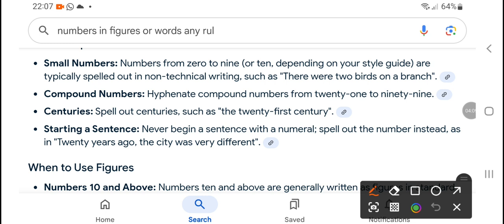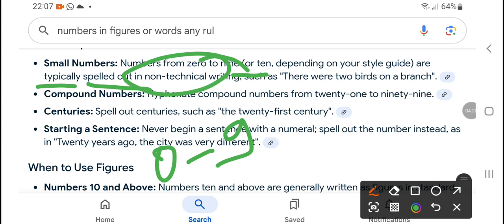So for non-technical writing, numbers must be spelled out, written in words. There were two birds, this way.